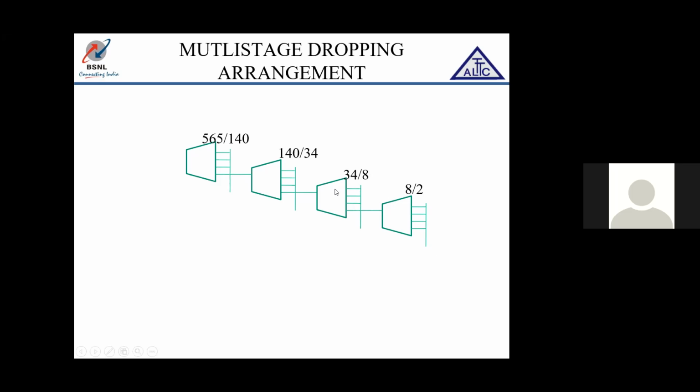Then 4 streams of 8 Mbps are multiplexed to an output of 34. Here it is more than 8, basically 8.448. So this was before SDH. Your traffic was being multiplexed stage by stage. So we have to install a number of multiplexers for generating a larger packet.